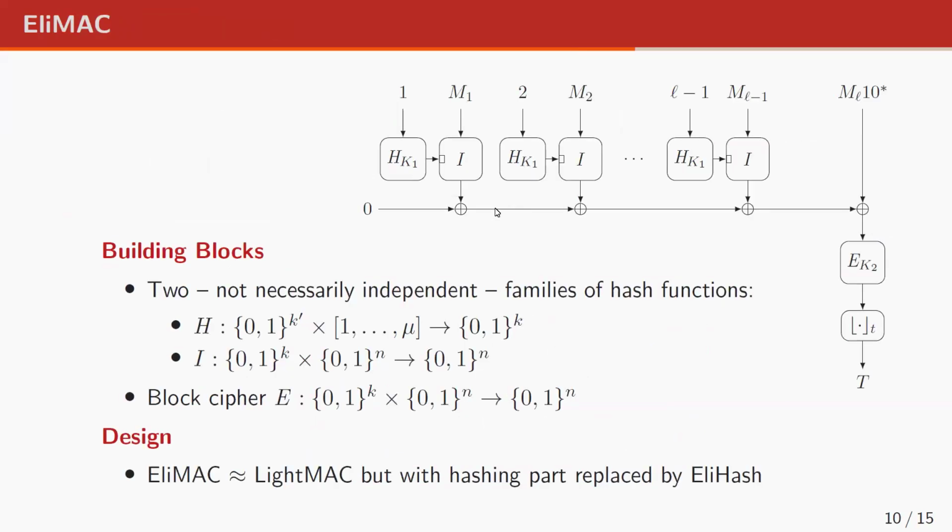Then Eli-Mac is nothing else than just taking this universal hash function and protecting it with a truncated block cipher. So you take two not necessarily distinct universal hash functions, h and I, and a block cipher E, and then Eli-Mac is basically LightMac, but with the hashing part replaced by Eli hash.